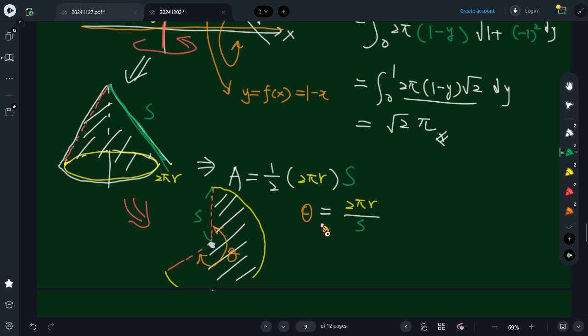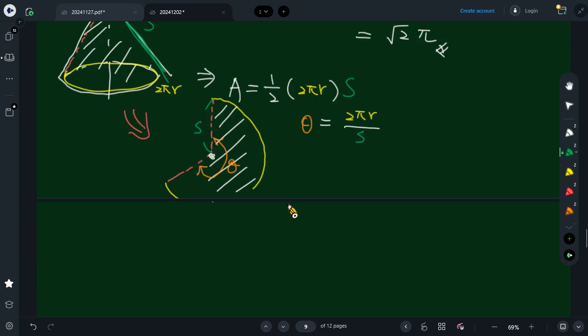Then if you want to get the whole area A, it will be theta over 2 pi times s squared pi, because for the whole circle we can get s squared pi, but we just get a portion.